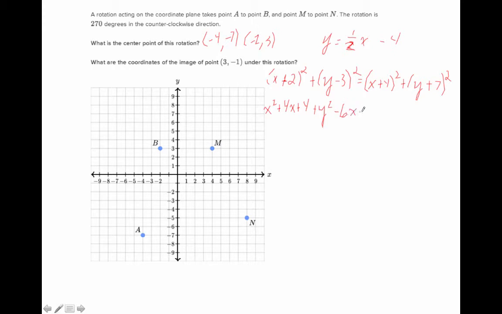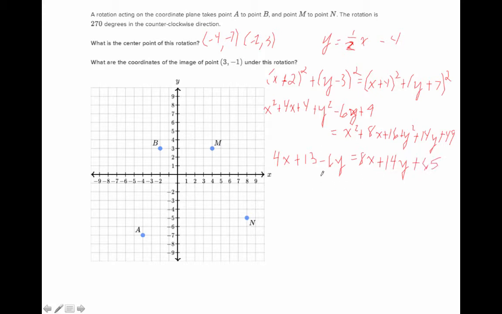So minus 6x plus 9 equals x squared plus 8x plus 16 plus y squared plus 14y plus 49. Drop all the squared pieces. Sorry, this should have been a y. Okay, so we have 4x plus 13 minus 6y equals 8x plus 14y plus 16 plus 49, so plus 65.